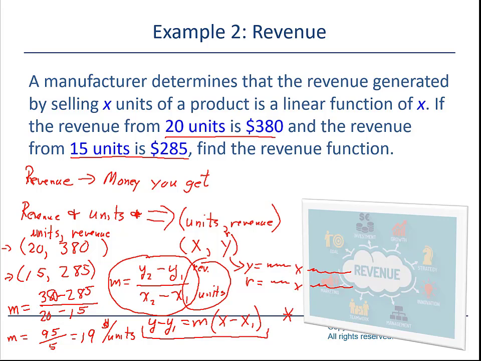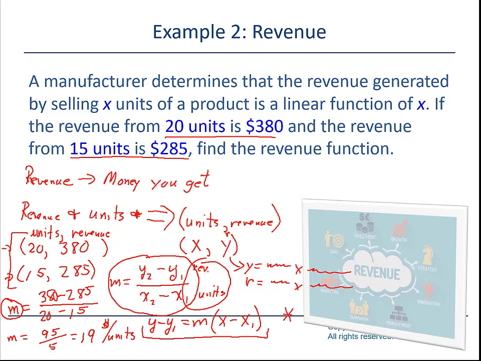Now, all we need to do, once we have these two ordered pairs, number one, find the slope. Number two, this will give us the equation. In this equation, y is the generic y that we're going to have for our equation. It represents all the y coordinates.